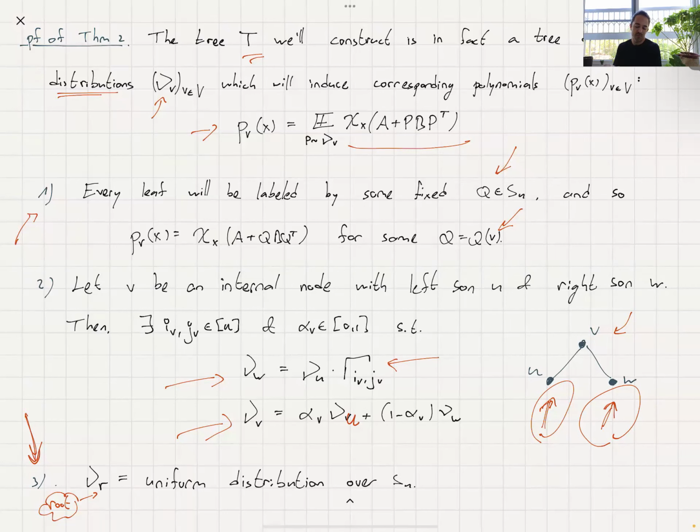And that swap, and also alpha, depends, of course, on V. So for every V, the convex combination, how much weight you put on U and W, is different, and also the swaps are different. For every V, you get a different swap. But the general template is this. This is the relation between the distribution of two siblings and the parent. So we are going to construct a tree like that. That's just the game plan.